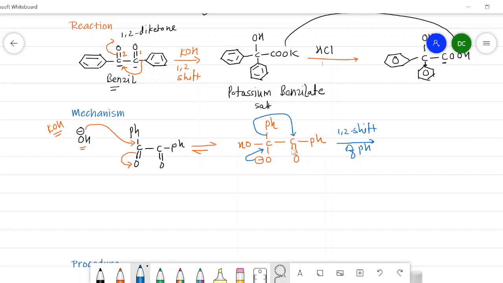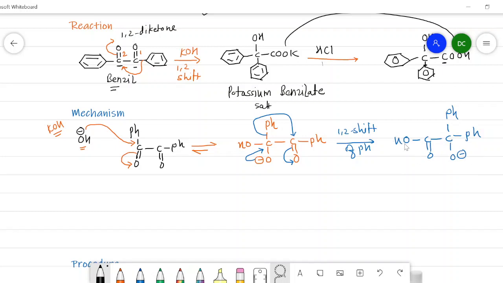So it will shift the electrons from this bond onto the oxygen. So here we are getting an OH, then C double bond O, then a carbon which is attached to the two benzene rings and O minus. Now, this is the carboxylic acid and it possesses an anion at the alpha carbon.